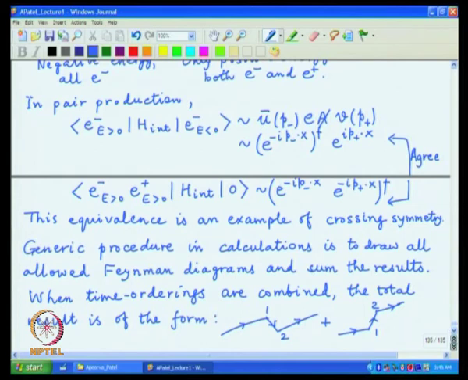In particular, these intermediate points 1 and 2 are going to get integrated over the whole space time.